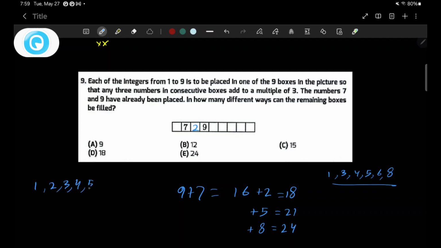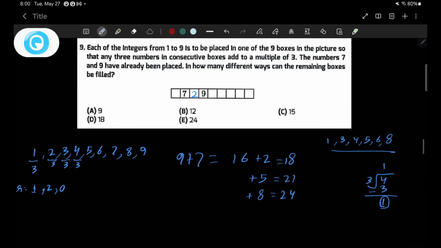Every single number from 1 to 9, 1 2 3 4 5 6 7 8 9, would either divide completely by 3 or leave some remainder. Let's see. When 1 is divided by 3, a remainder of 1 is left. When 2 is divided by 3, the remainder is 2 itself. When 3 is divided by 3, there is no remainder. 4 divided by 3, 3 ones are 3, subtract, 1 is the remainder here.